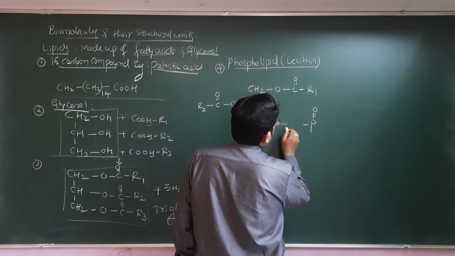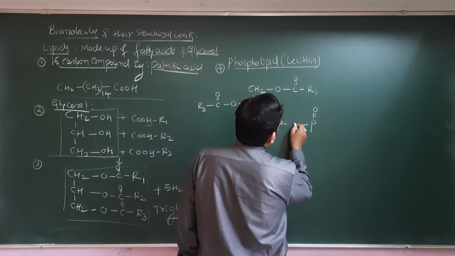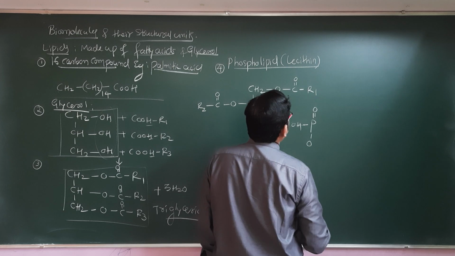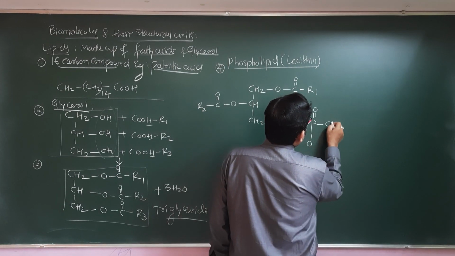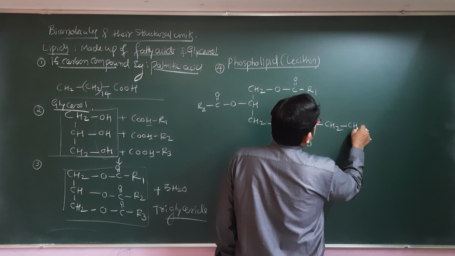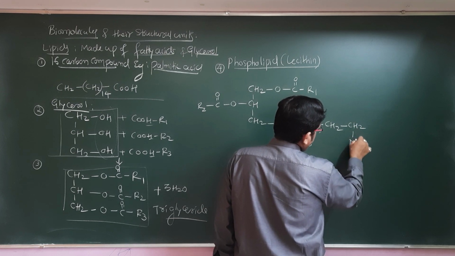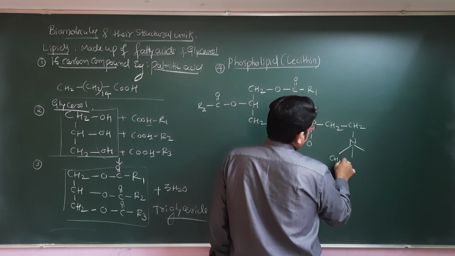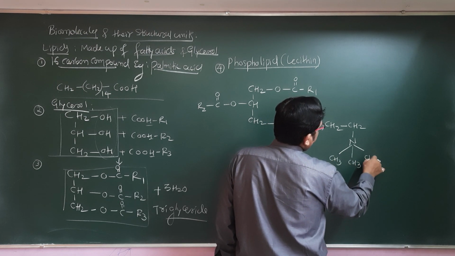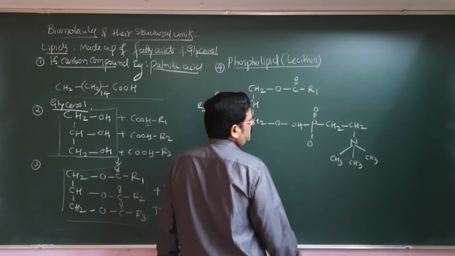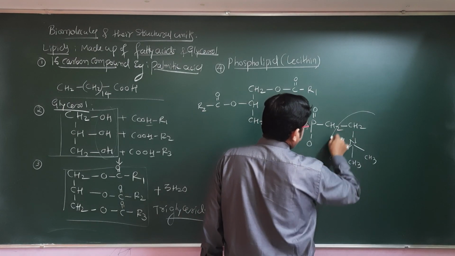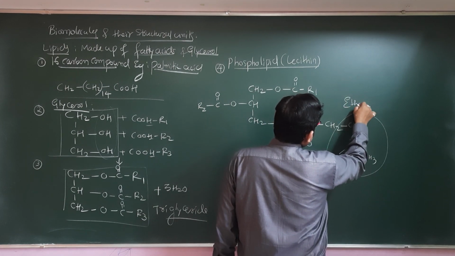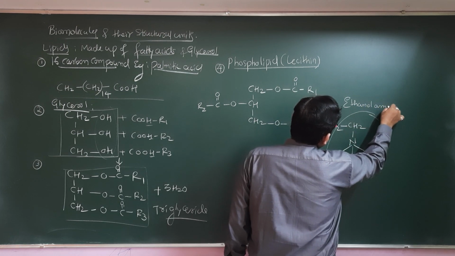CH2. Yes, it is the OH. Here it is the oxygen we find, CH2 here, one more CH2, and that has again the nitrogen, and again we find CH3, and CH3. So this group indicates ethanolamine.